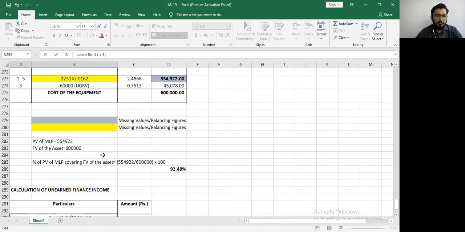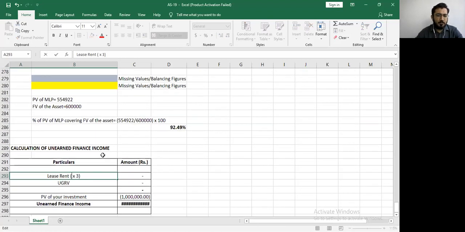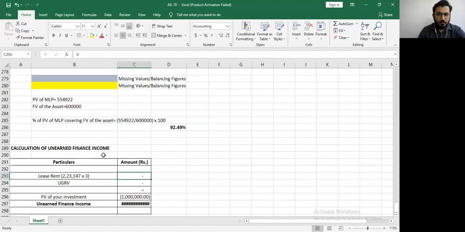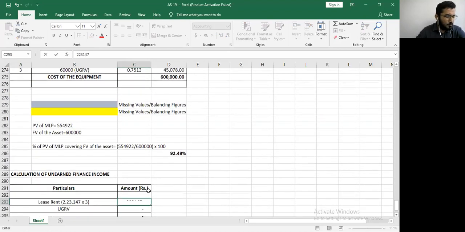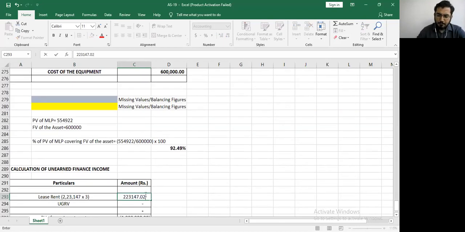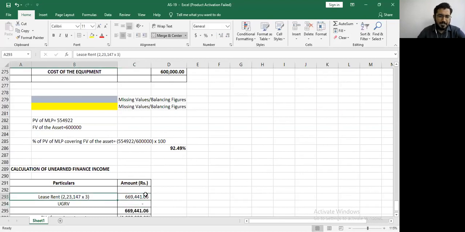So look at the value that you found, 2,23,147.02, multiply by 3. You get 6 lakh 69,441.